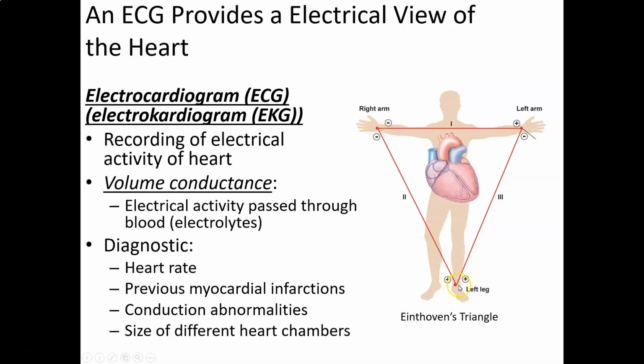We have a positive electrode on the left leg, and then we have ground on the right leg, and we measure the electrical activity across the heart that way, and that gives us the typical ECG pattern we'll look at. So volume conductance allows us to measure the different parts of the heart at the limbs.